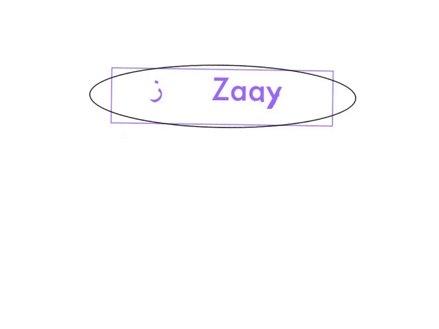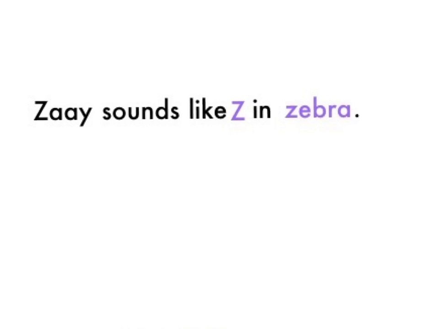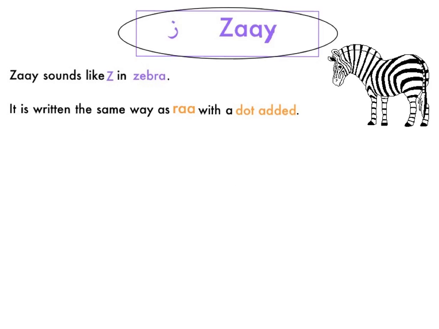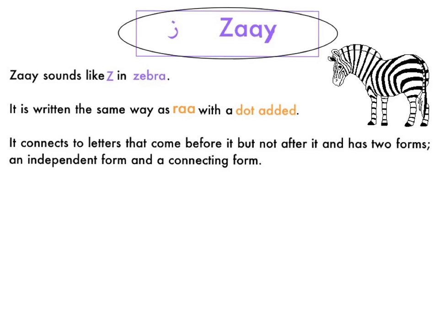The letter Zaay. Zaay sounds like Z in the word zebra. It is written the same way as Ra with a dot added. It connects to letters that come before it but not after it, and has two forms, independent form and connecting form.